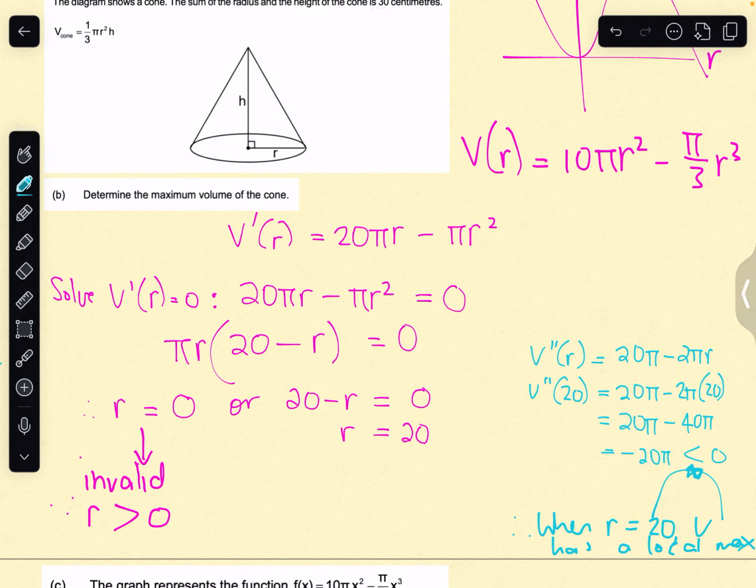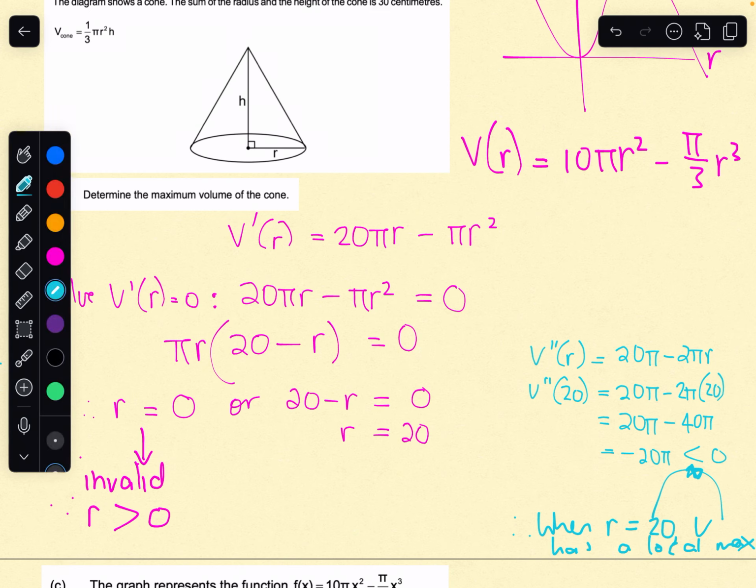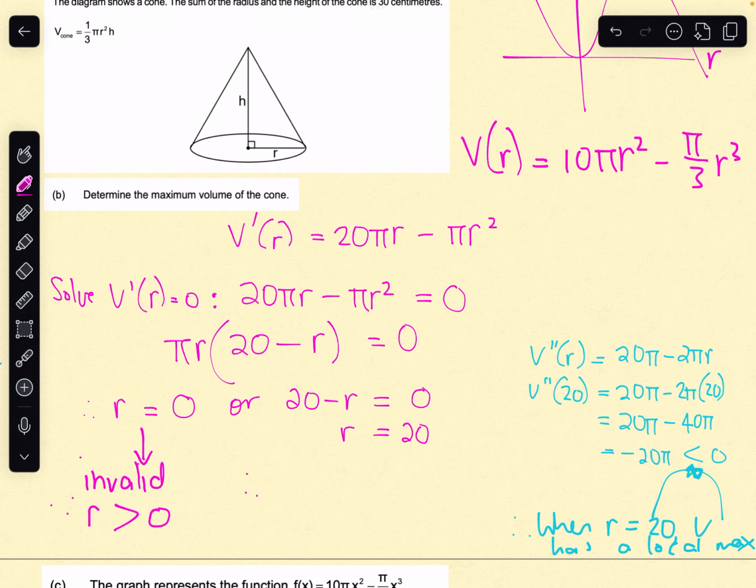Right, and so let's work out what this maximum v is equal to, whatever the value of the volume is when r is equal to 20. So we can put that in here.